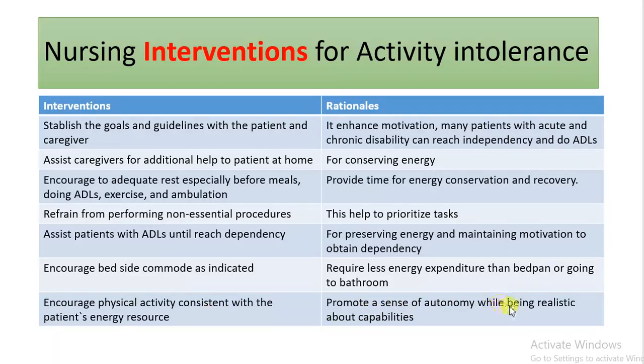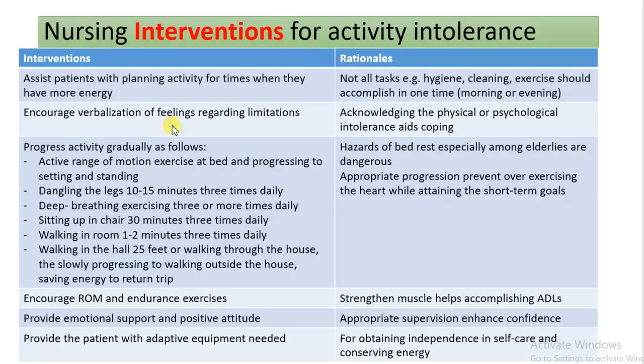Promote a sense of autonomy while being realistic about capabilities. The activities should be based on the patient's capabilities. Another intervention is to assist patients with planning activity for times when they have more energy.